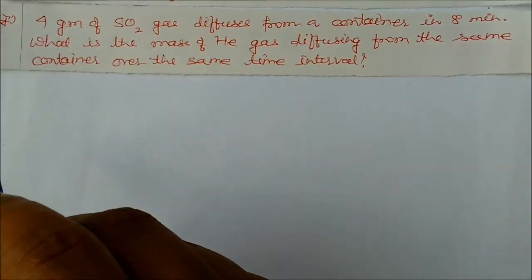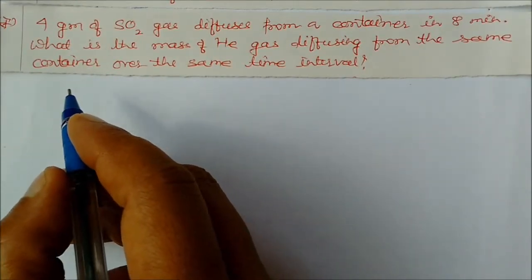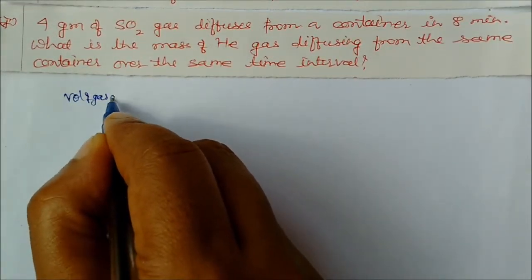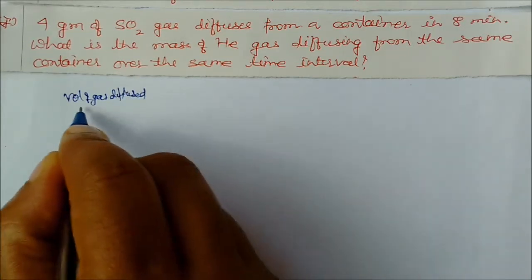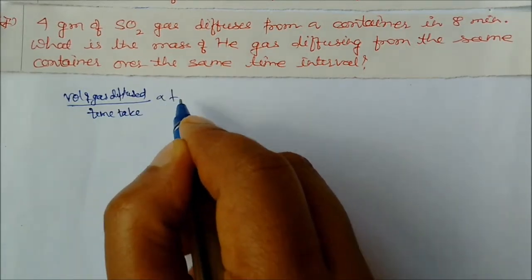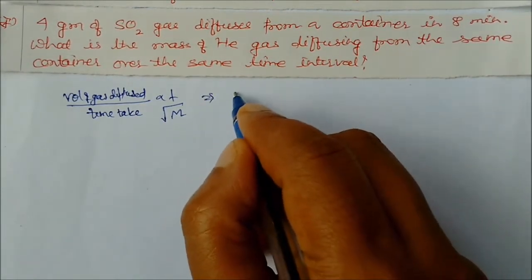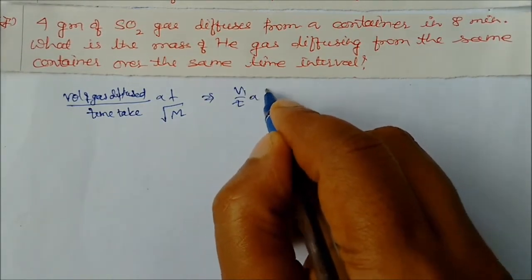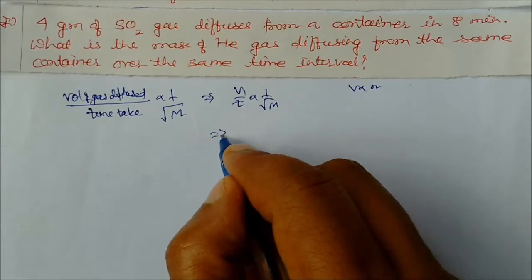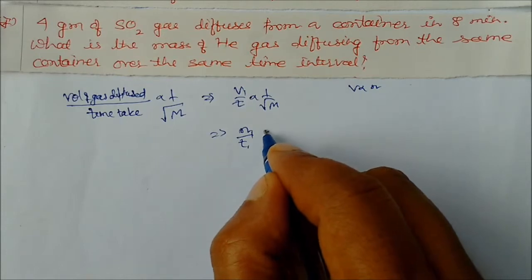Helium and sulfur dioxide are the two gases. The volume of gas diffused by time taken is 1 by root of molar mass, and the volume is proportional to the number of moles. So we can write moles by time taken is 1 by root m.